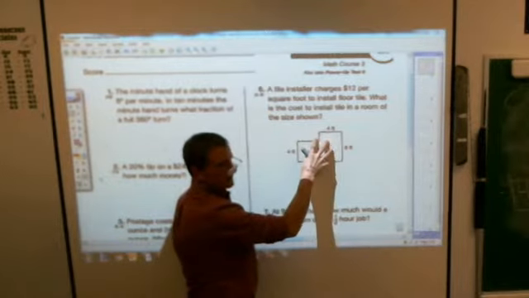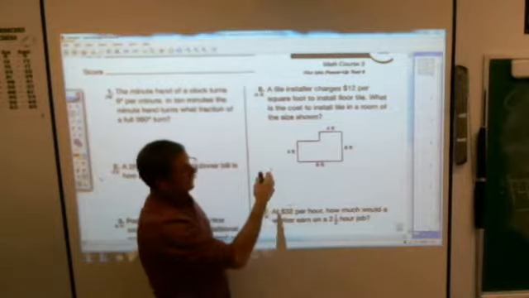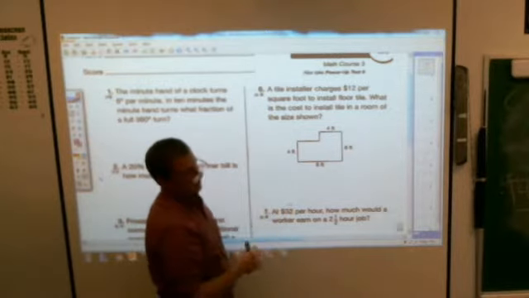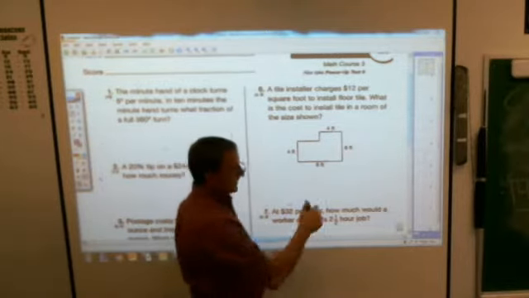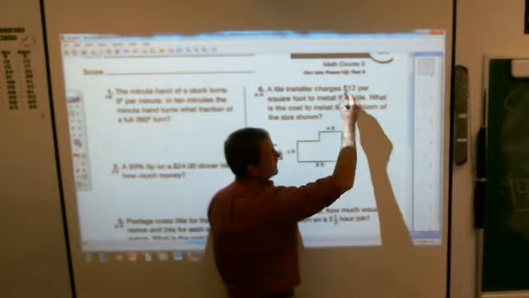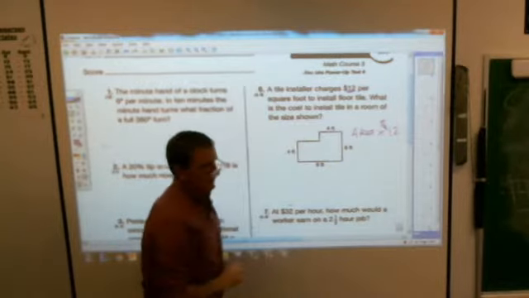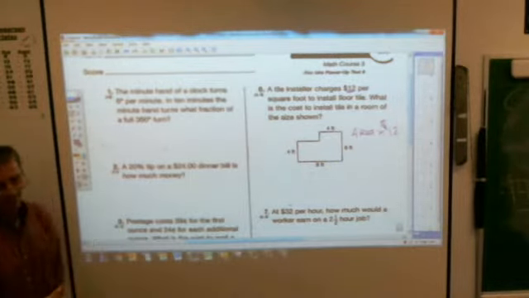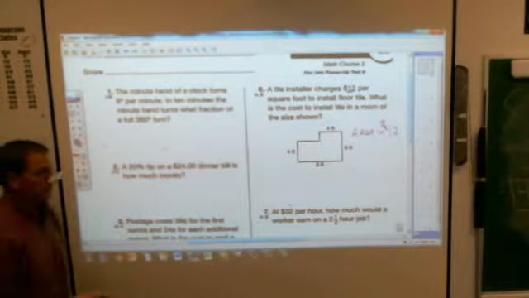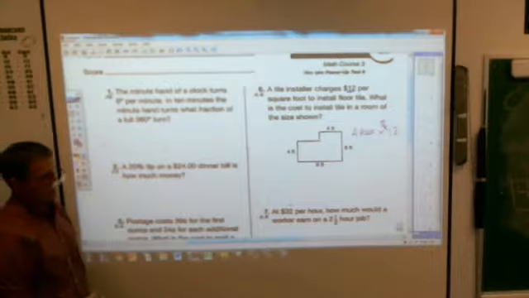It says if it costs $12 a square foot, how much will it cost to install the tile? So I would write down that I need to find the area, and then multiply that by $12, because that's how much it's going to cost me. Just so you don't forget in the end what the question is asking you, because you'll spend some time doing the area and then write that down as your answer, but that's not what they're asking.